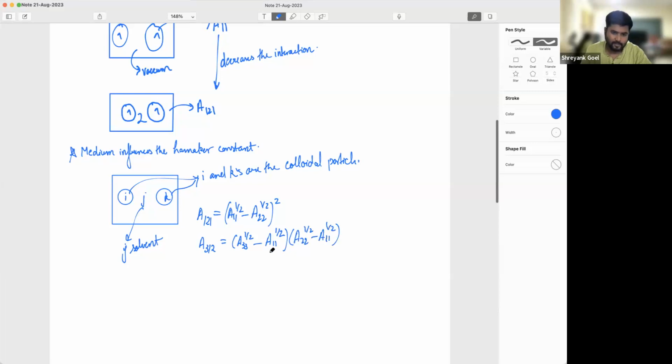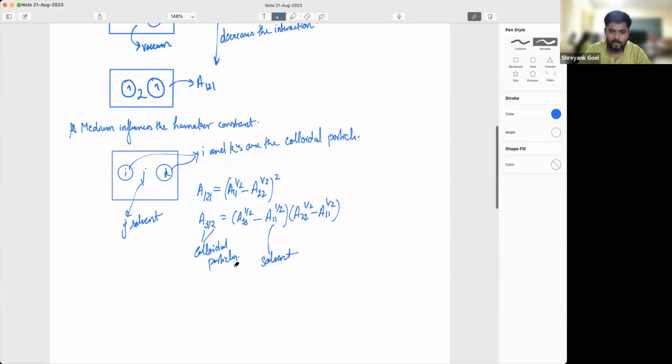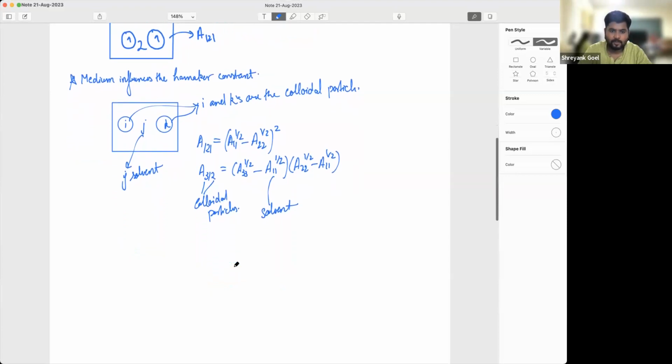A11 is the media or the solvent. Keep in mind that 2 and 3 are two different kinds of colloidal particles that are present in the media of type 1.